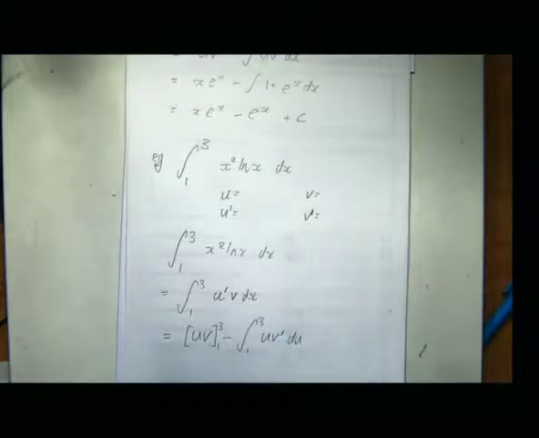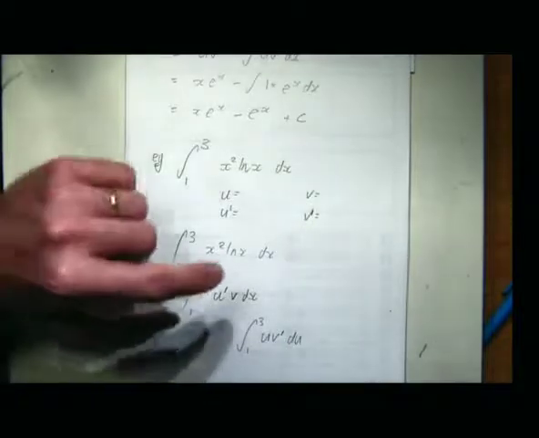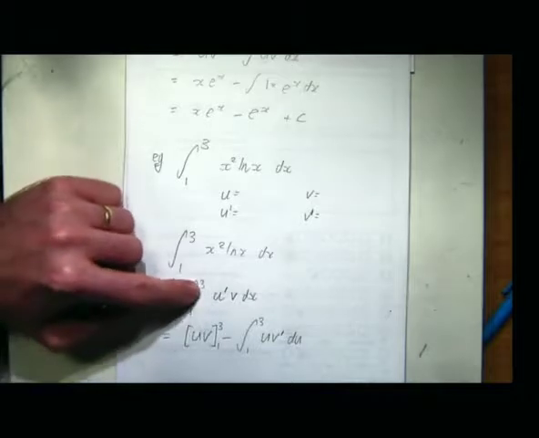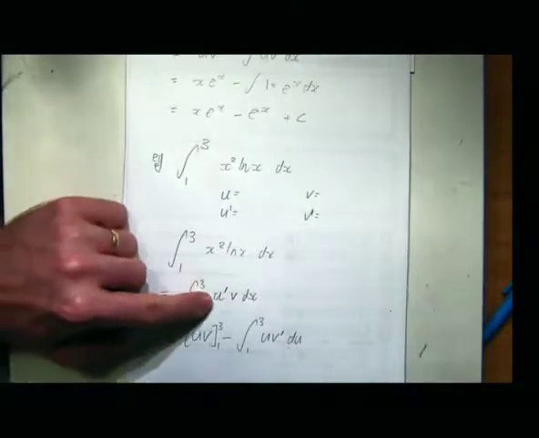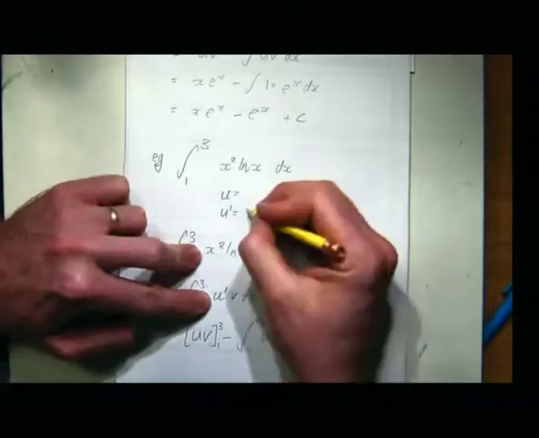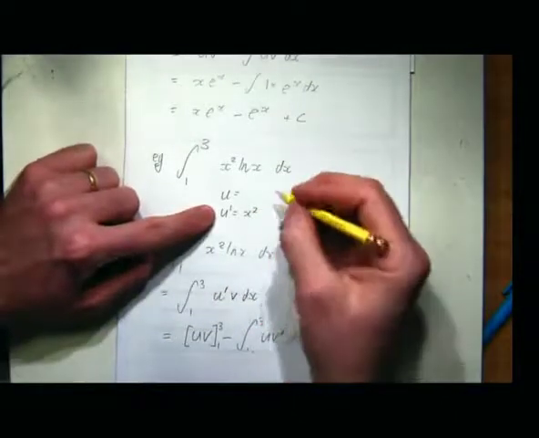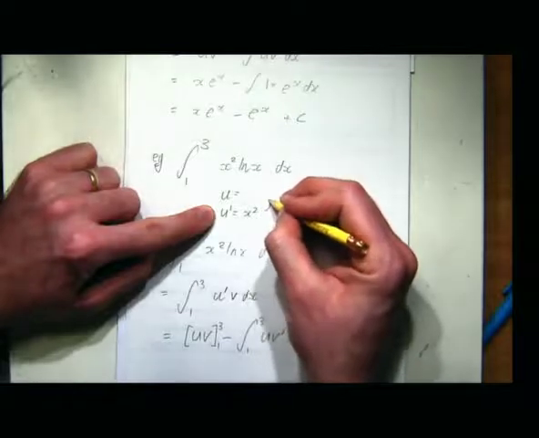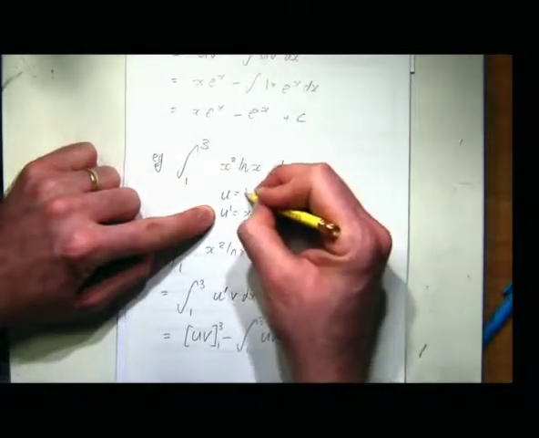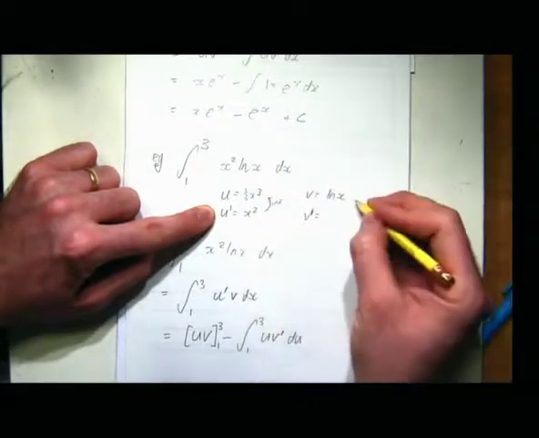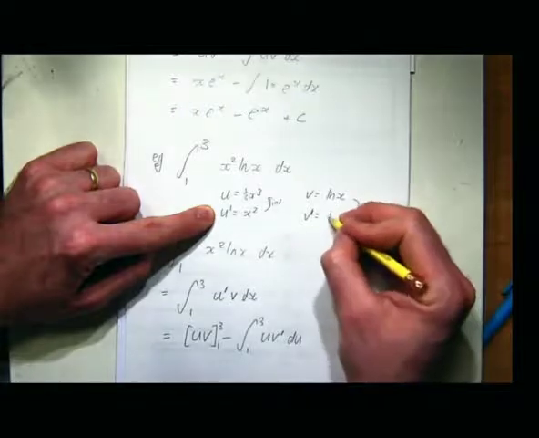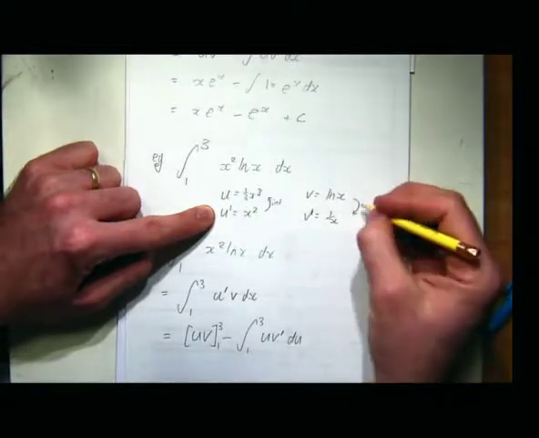So let's have a look at what I've written here. The u dashed is equal to x squared, and the v is equal to ln x. I'm going to have to integrate the u dash to become a third of x cubed, and I'm going to have to differentiate the v to get 1 over x.